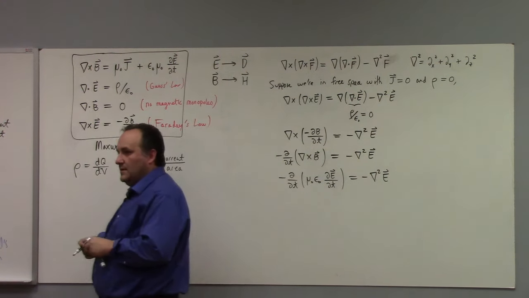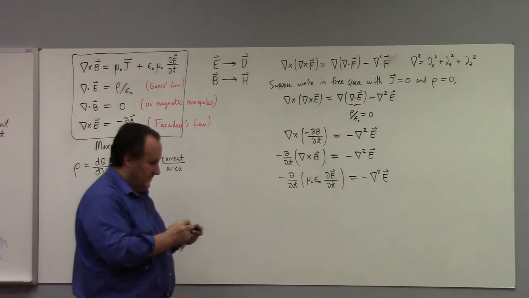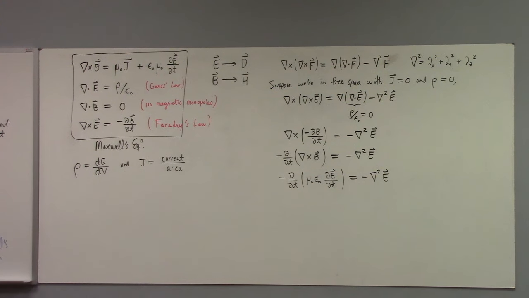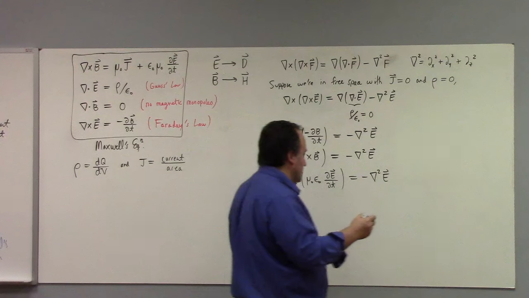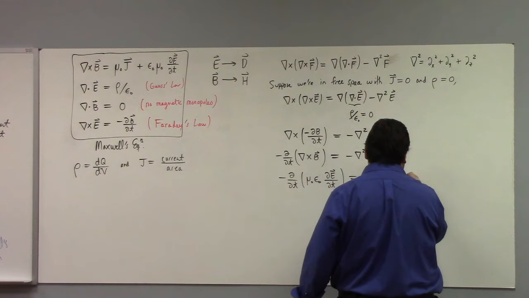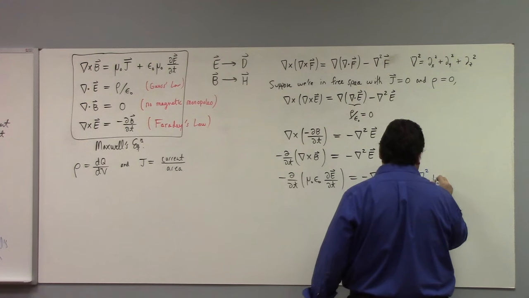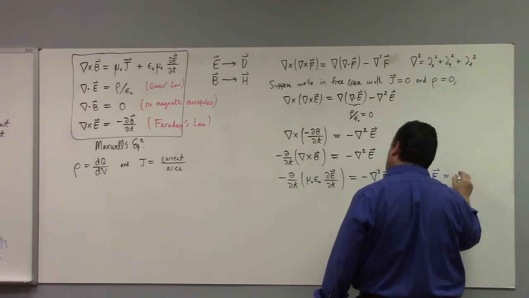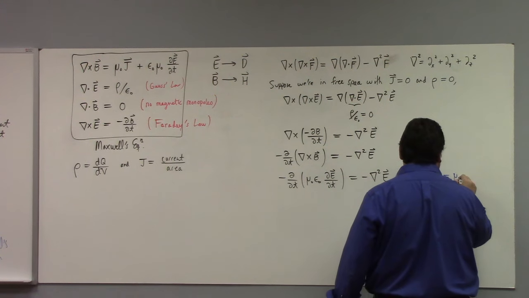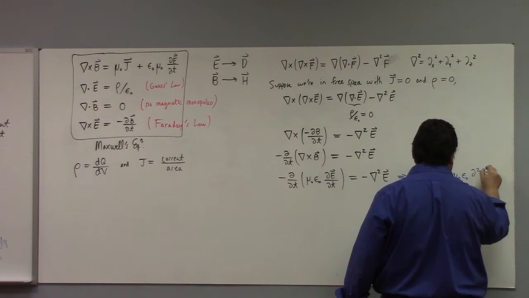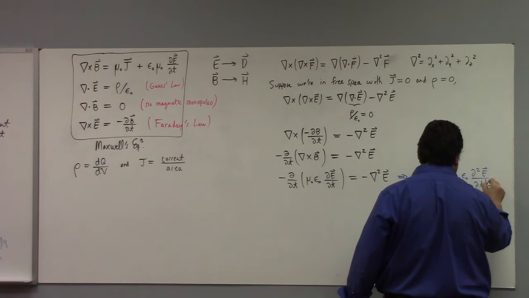All right. So there's a minus on both sides, and what this gives us is that nabla squared on the electric field is equal to mu naught epsilon naught partial squared E vector partial t squared.